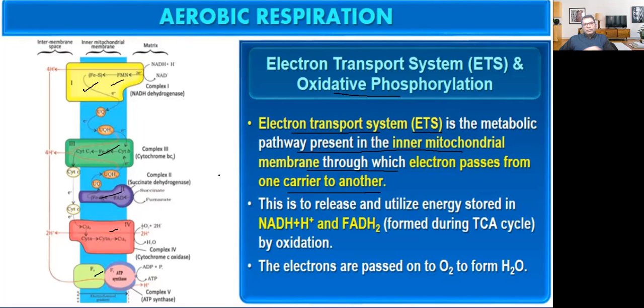ATP is produced from the energy stored in NADH and FADH, which are produced during the TCA cycle. NADH and FADH will be converted into ATP in the electron transport system. The electrons are passed on to oxygen to form H2O.